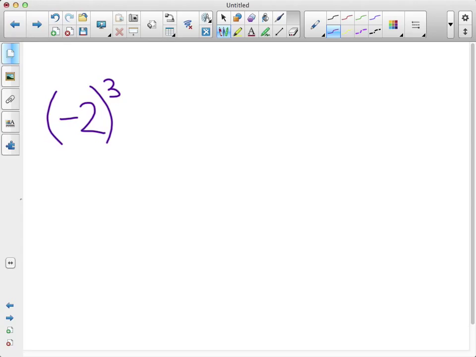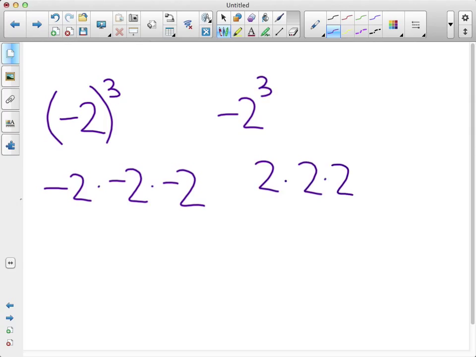Or do you mean negative 2 to the 3rd power? So putting the parentheses in there helps us get it right every time. That tells me it's negative 2 times negative 2 times negative 2, not 2 times 2 times 2 made negative. So we always want to put those parentheses whenever we see it necessary.